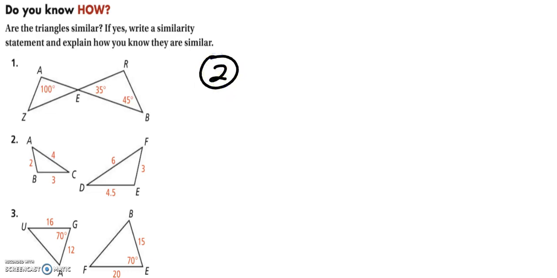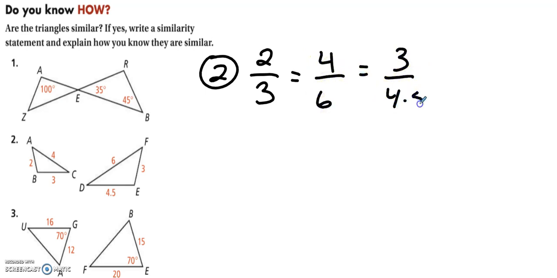Okay, number 2. So I've been given the three sides, so I've got to figure out if they're proportional to one another. So let's take the shortest side of ABC, which is 2, and the shortest side of DFE is 3. So 2 over 3 has to equal the longest, so that's 4 over 6, which has to equal 3 over 4.5. So 2 divided by 3 is 0.666. 4 divided by 6 is 0.666.